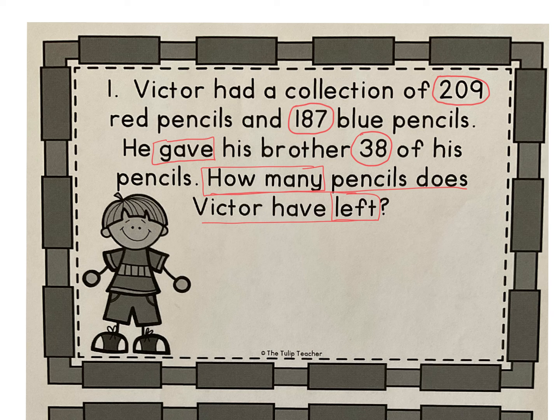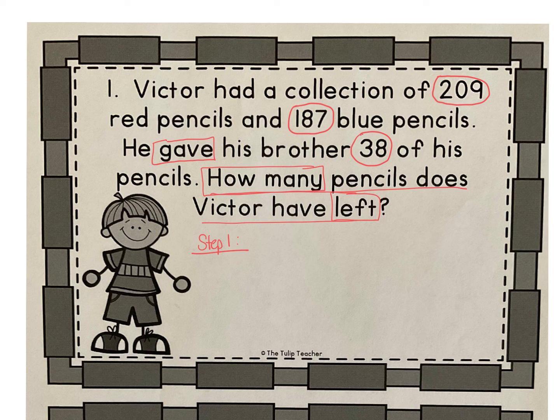Well, for the first step, so I'm going to write step 1. Okay, for step 1, I need to know how many total pencils Victor started with. How many total pencils are in his collection? And in order to find the total, I'm going to have to add.